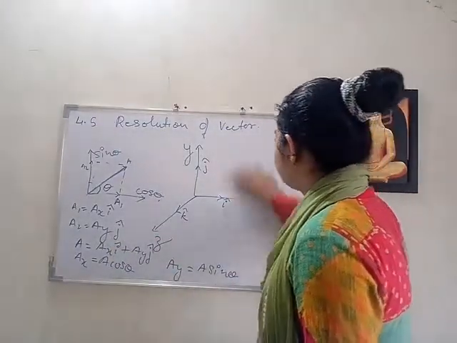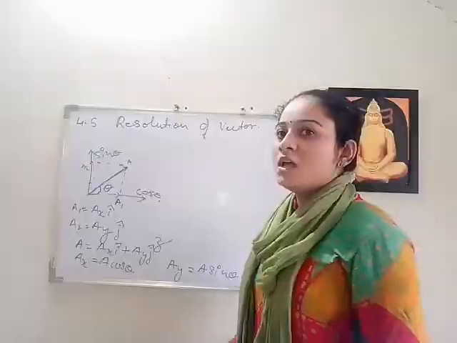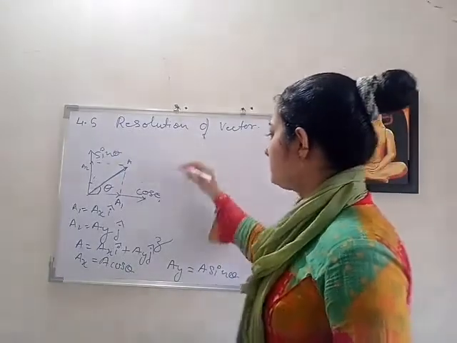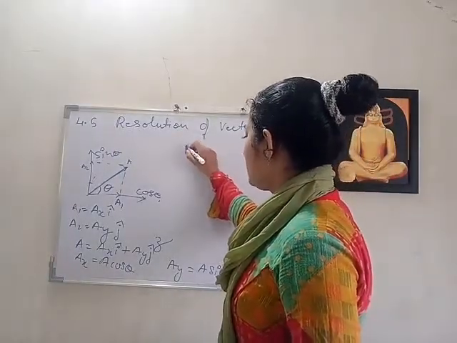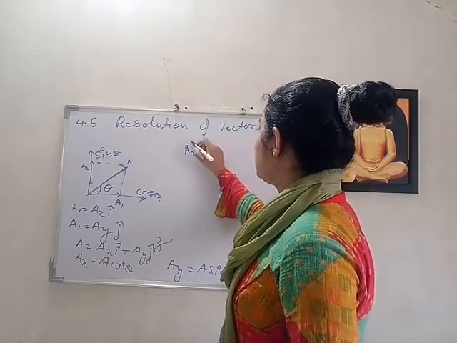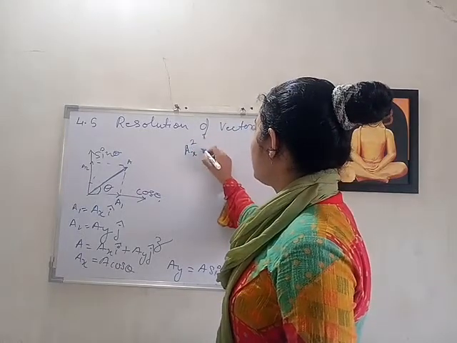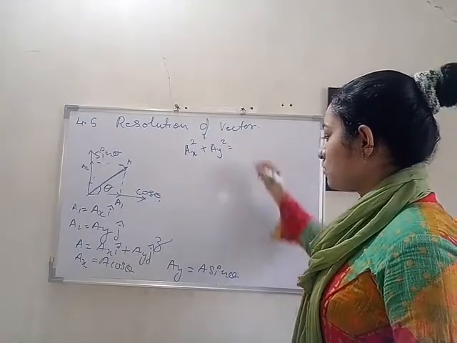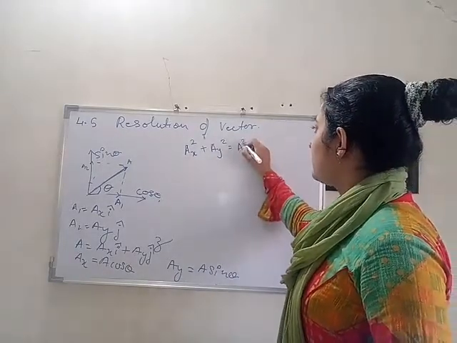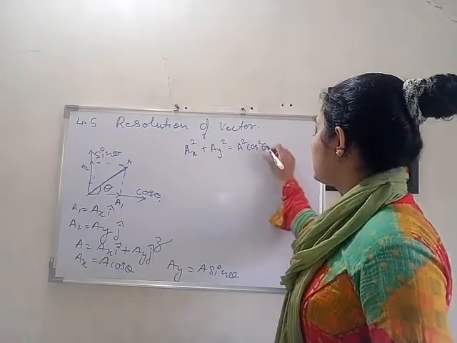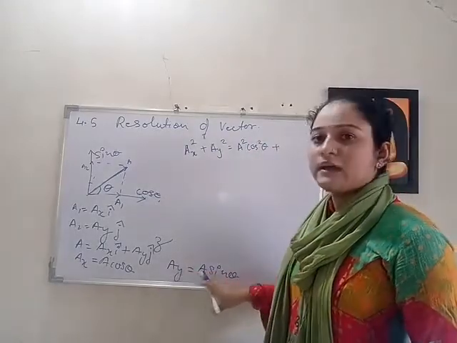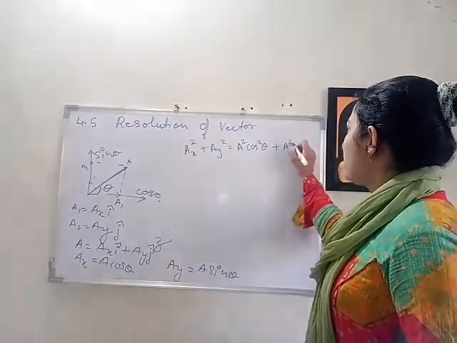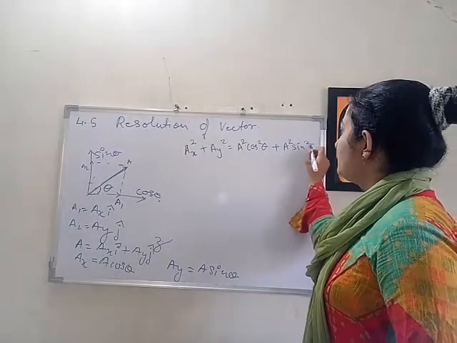According to this, from here you can say Ax square plus Ay square. What will be Ax square? Ax square will be equal to A square cos square theta, plus what is Ay? A sin theta, so A square sin square theta.